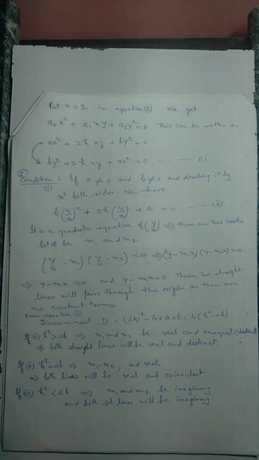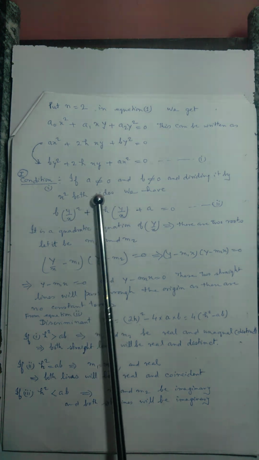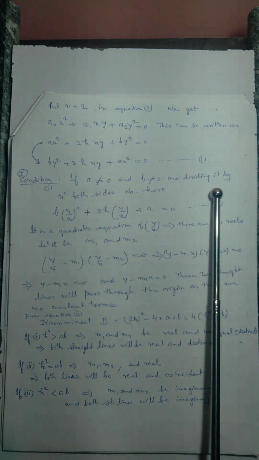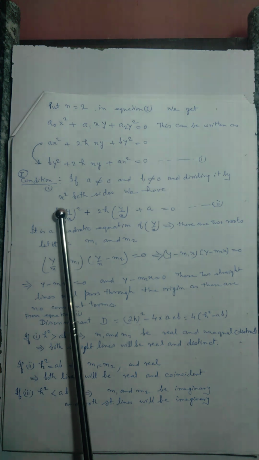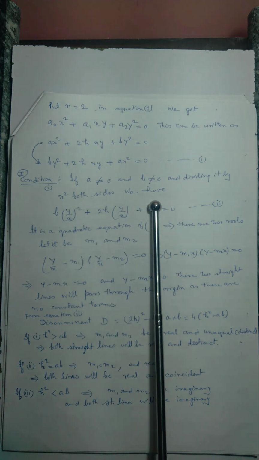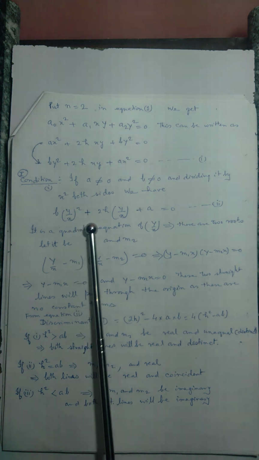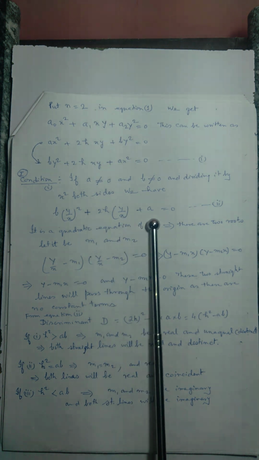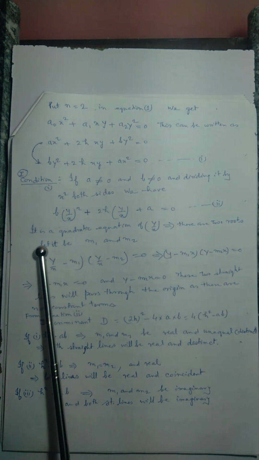So condition number 1: if a is not equal to 0 and b is also not equal to 0, dividing by x squared on both sides, we have b (y by x) whole squared plus twice h y by x plus a equal to 0. This will be our second equation.